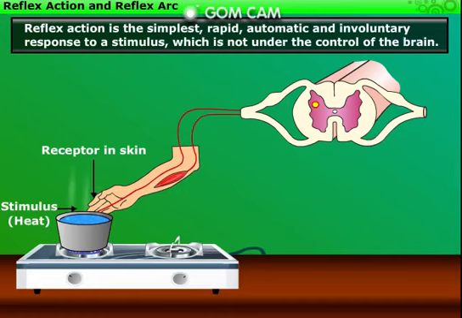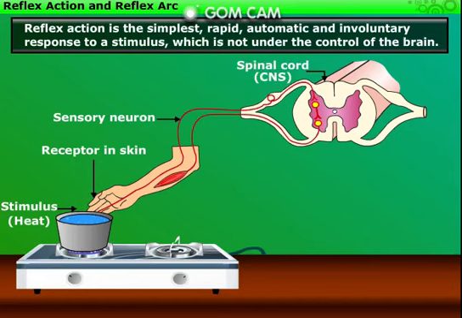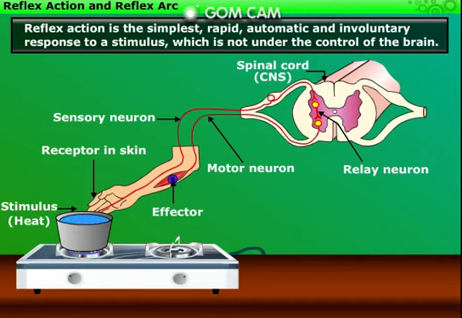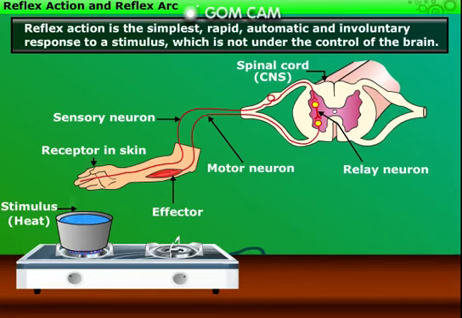The receptor triggers an impulse in a sensory neuron, which transmits the message to the spinal cord. Here, the impulse is passed on to a relay neuron, which in turn passes it to a motor neuron. The motor neuron passes the impulse to a muscle in our arm, which is an effector. The muscle then contracts and pulls our hand away from the hot object.